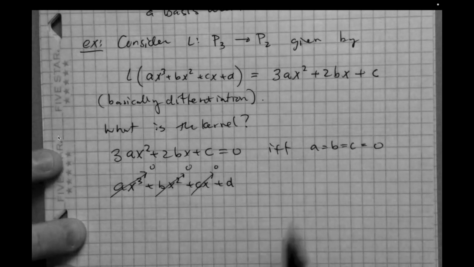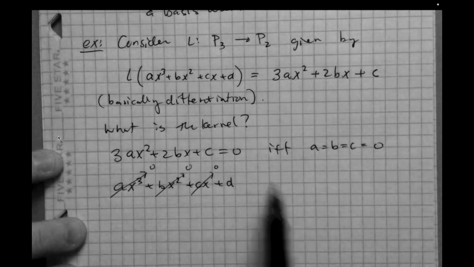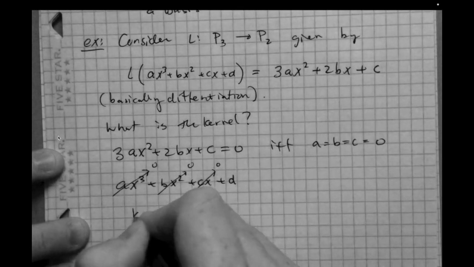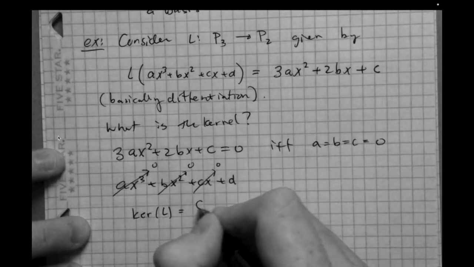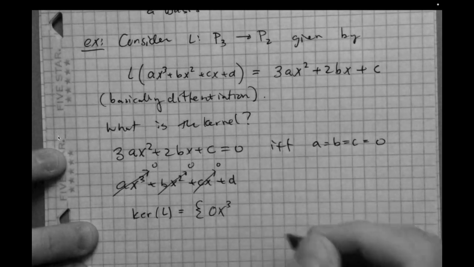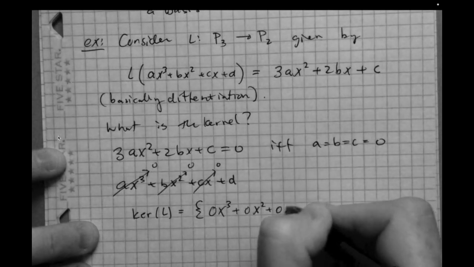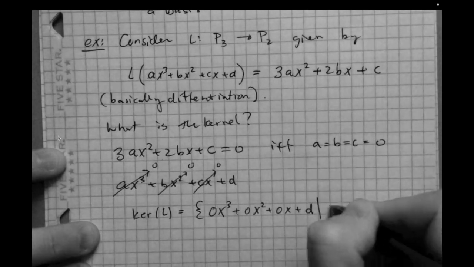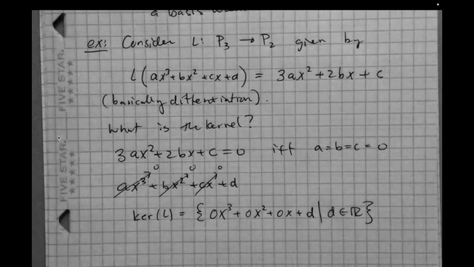So the kernel is basically the constants. It's just the set of constant polynomials. So the kernel of L is going to be, and I'm going to write it all out, this is certainly not how you'd want to write it, but just to make it plain, 0x cubed plus 0x squared plus 0x plus d, such that d is a real number. And that's the kernel.